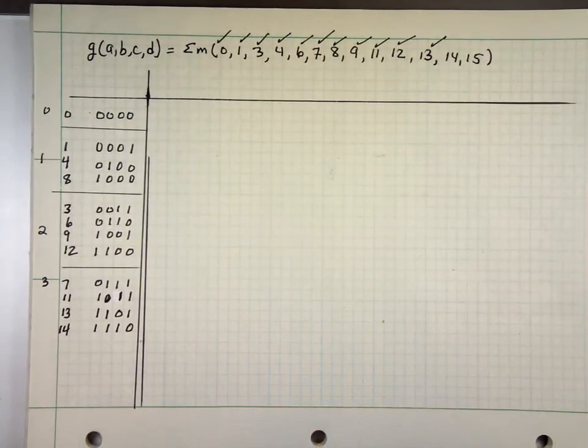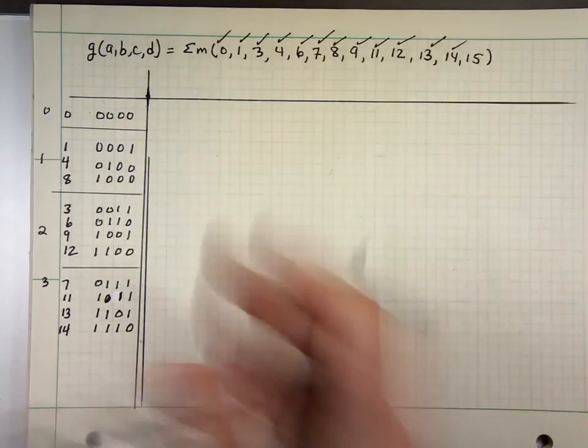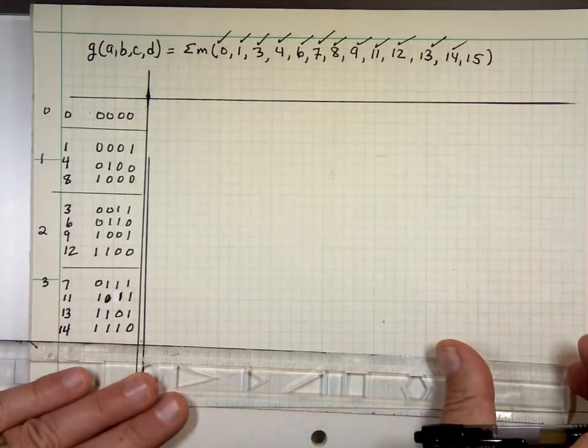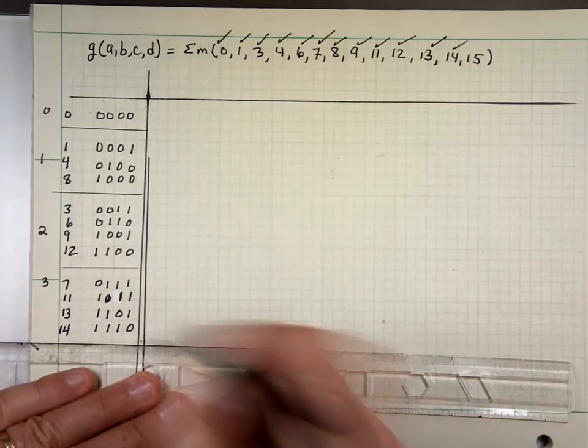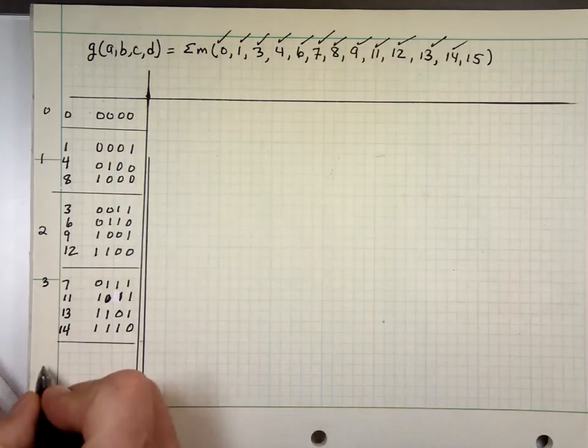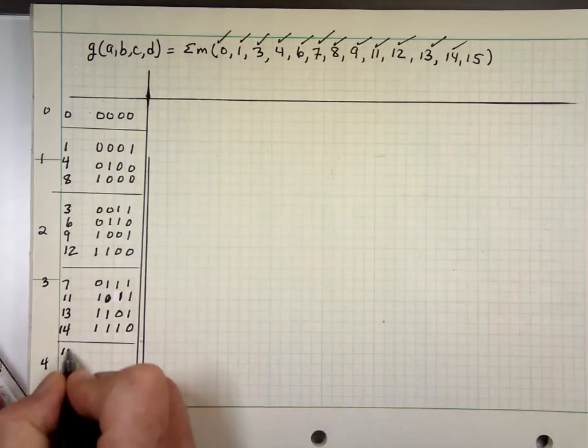And the last one is the 15, the 4 ones: 1, 1, 1, 1.